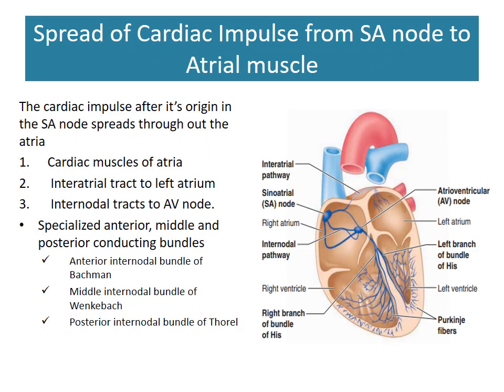Now, spontaneous, rhythmical, electrical impulses arise from SA node and spread in all directions. First, spread throughout both the atria, primarily by gap junctions and secondarily by specialized interatrial tract to the left atrium.